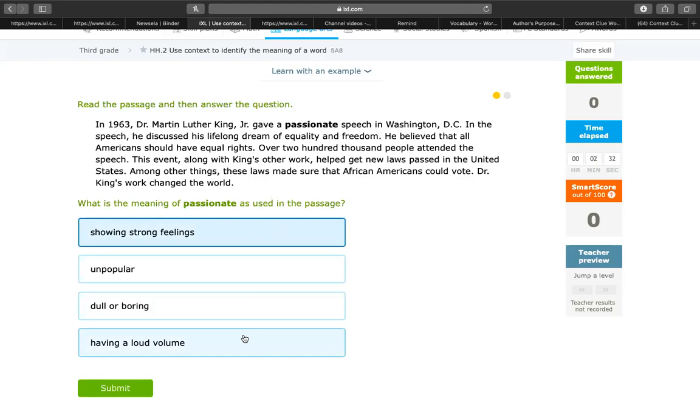This is why we take a second and analyze this question and the four options pretty deeply, so that we don't say, well, he's giving a speech in Washington, D.C., with 200,000 people there, he's got to have been really loud. Well, no, he's talking about equal rights, the voting ability for African Americans, and lifelong dreams.